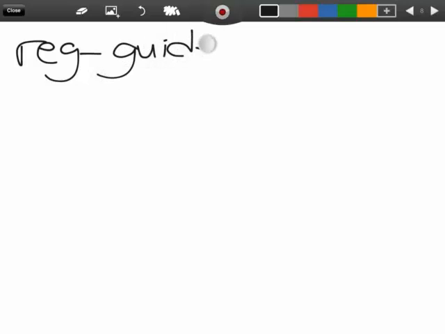On to our next root is reg. And reg means to guide and to rule. And I'm going to go ahead and give you an example.